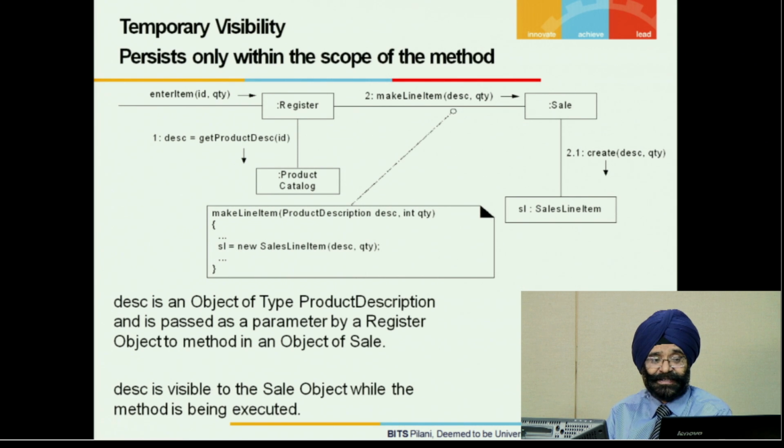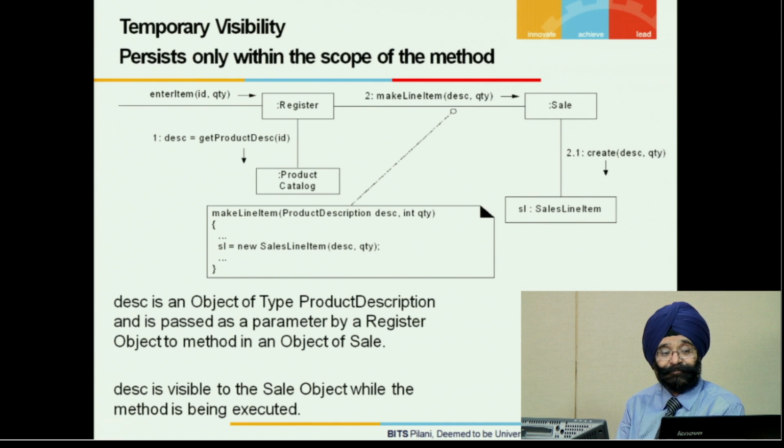An object of the register class had passed a message to an object of a product catalog class and requested it to give a reply. The object of the product catalog class had given a reply giving the description of the item which was referred to by ID. We had called this attribute visibility.